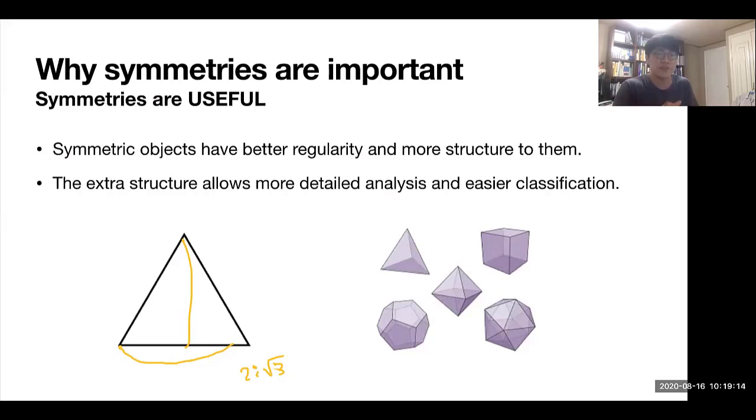It's very hard to classify, say, all different polyhedra, but if you try to classify regular polyhedra, that's a problem that can be answered and has an interesting answer, precisely because you're asking this question with this extra regularity built into them. Okay, so these are my 3 reasons why we might care about symmetries.